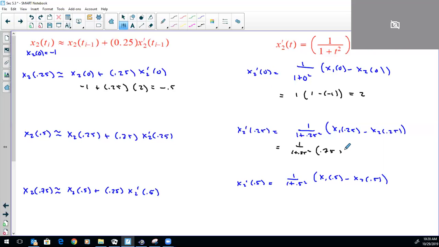Oh, man, this is really hard to write on this thing. At x2 of 0.25, we found that that's a negative 0.5.